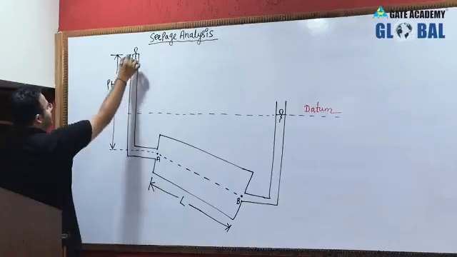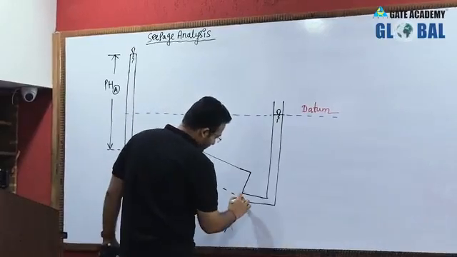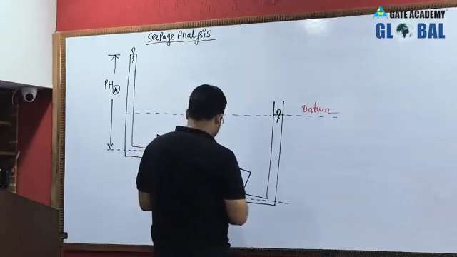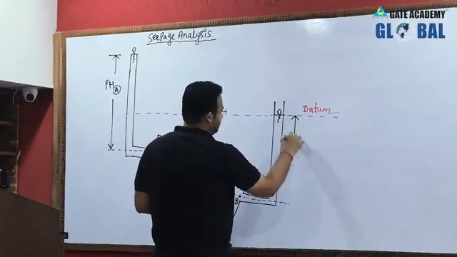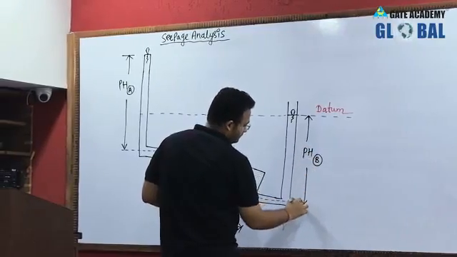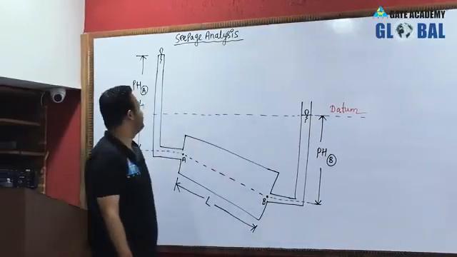This height is the pressure head at A. At point B we get the pressure head something like this, the pressure head at B.